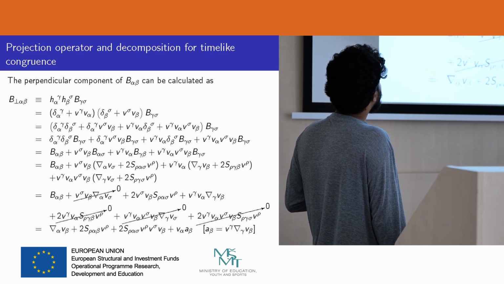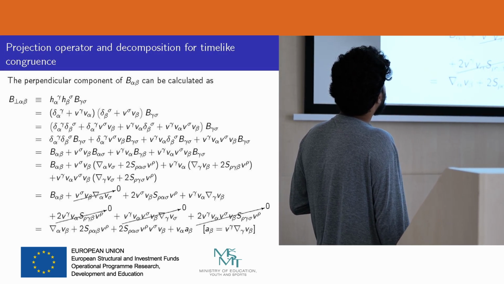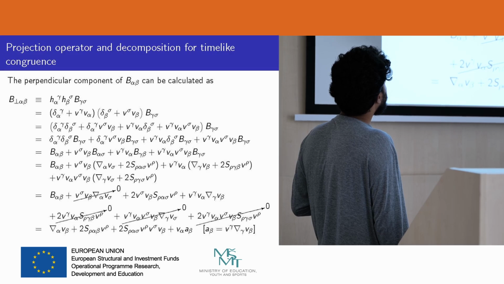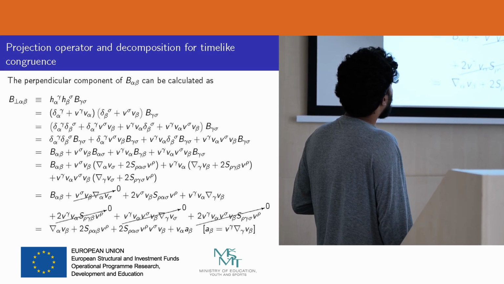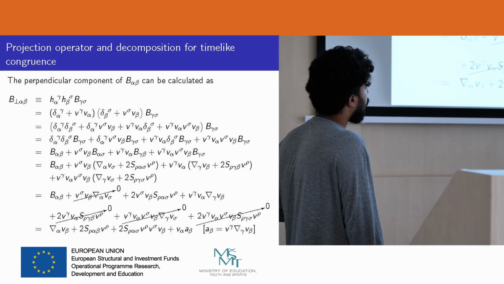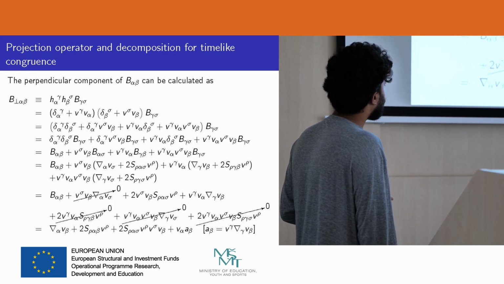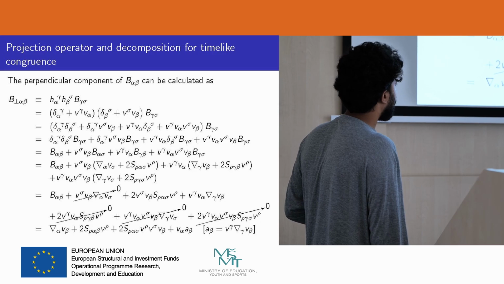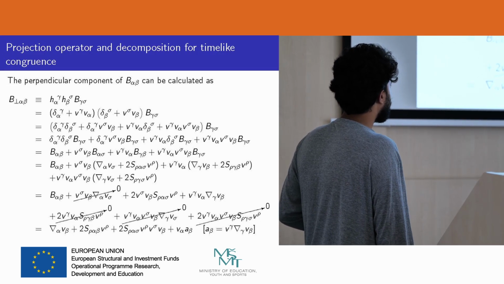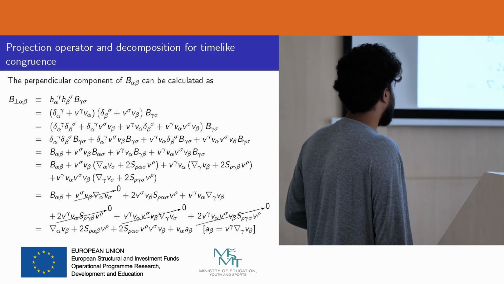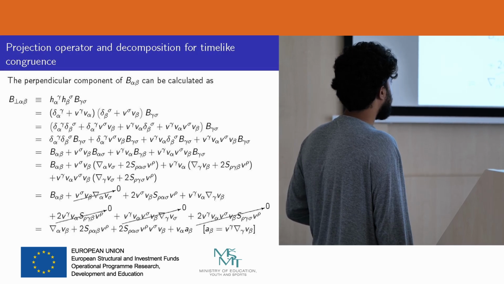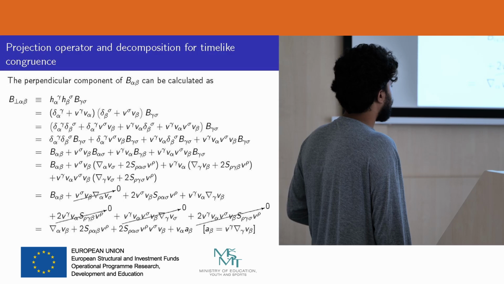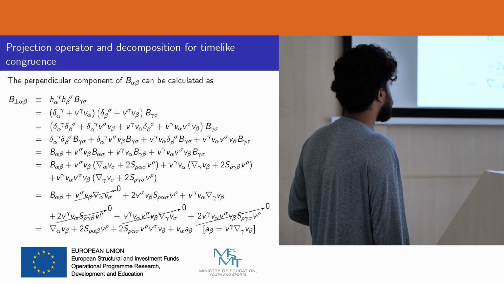So we use the relation of H alpha gamma as it is written here, and if we just calculate those, we are not going step by step to derive it, but just for completeness as it is here. So let's come here. So you can see here is this V sigma V beta nabla alpha V sigma.